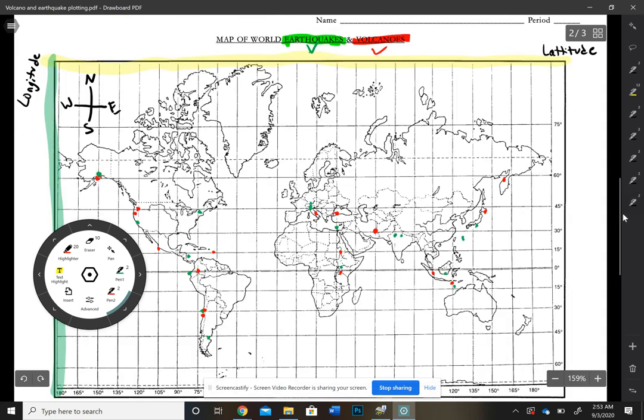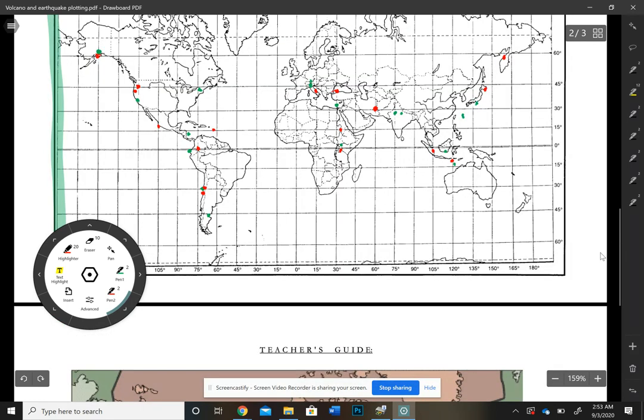So consider those when you are drawing your arrows. And these are just tiny arrows we're talking about. 6. Is there a relationship between the direction of movement and the distribution of earthquakes?